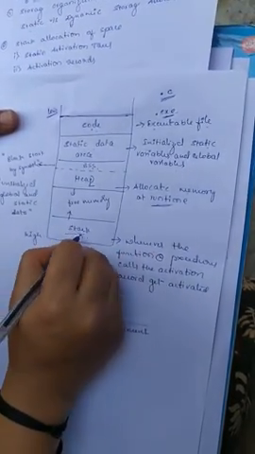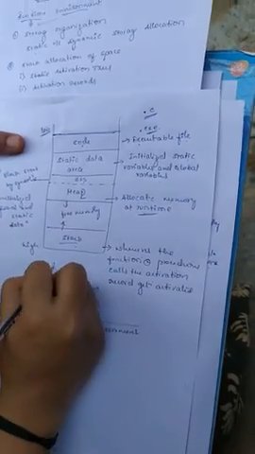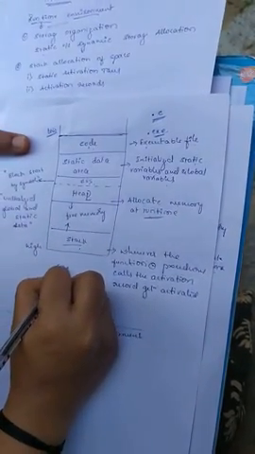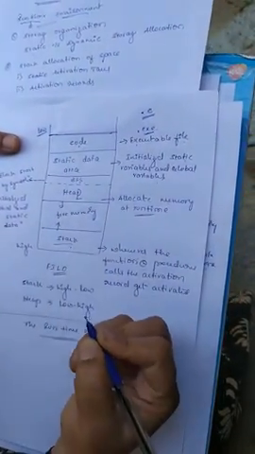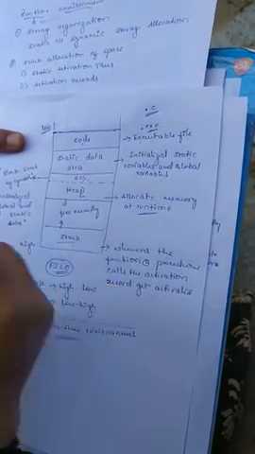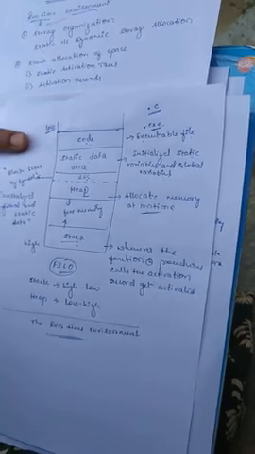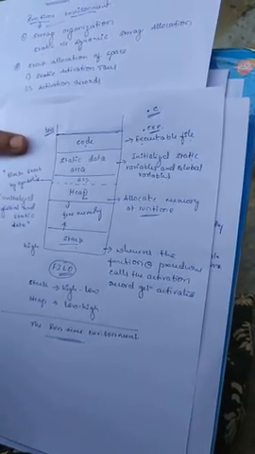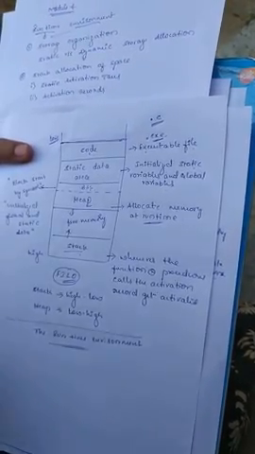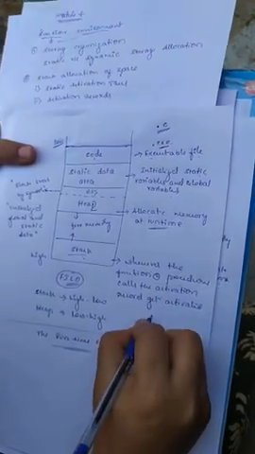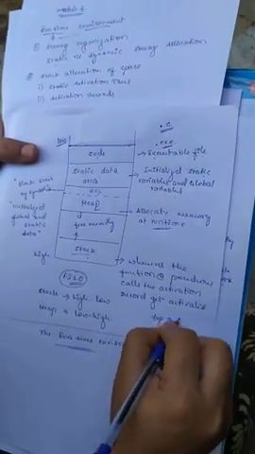What is the use of stack? The stack works on first in, last out. You know the definition very well for the stack. So whenever a function or procedure is called, the activation record is activated immediately, and that activation record will be stored at the top of the stack.